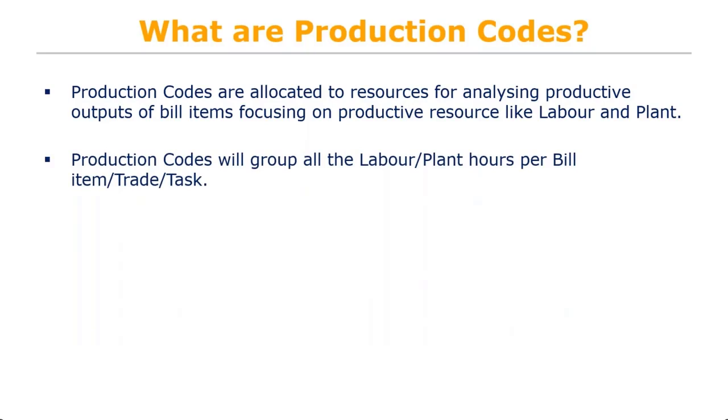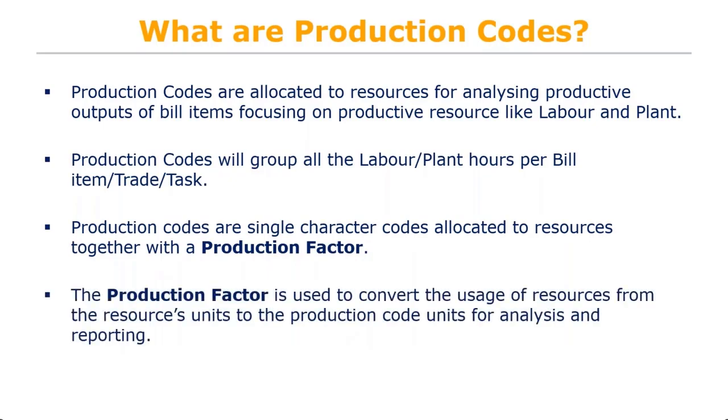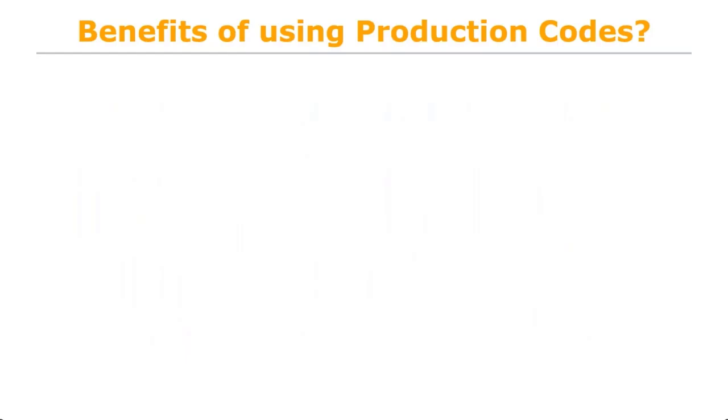Production codes will group all the labor or plant hours per bill item or trade, as well as tasks. Production codes are single character codes allocated to resources together with the production factor. The production factor is used to convert the usage of resources from the resources units to the production codes unit for analysis and reporting.